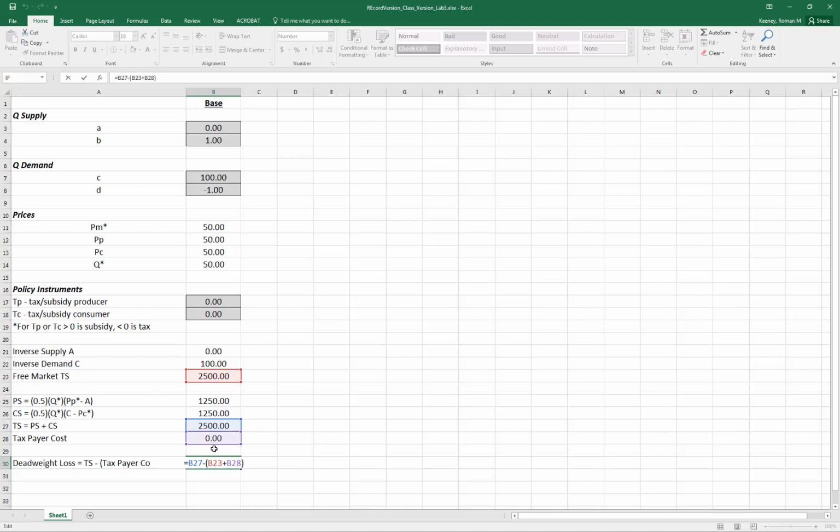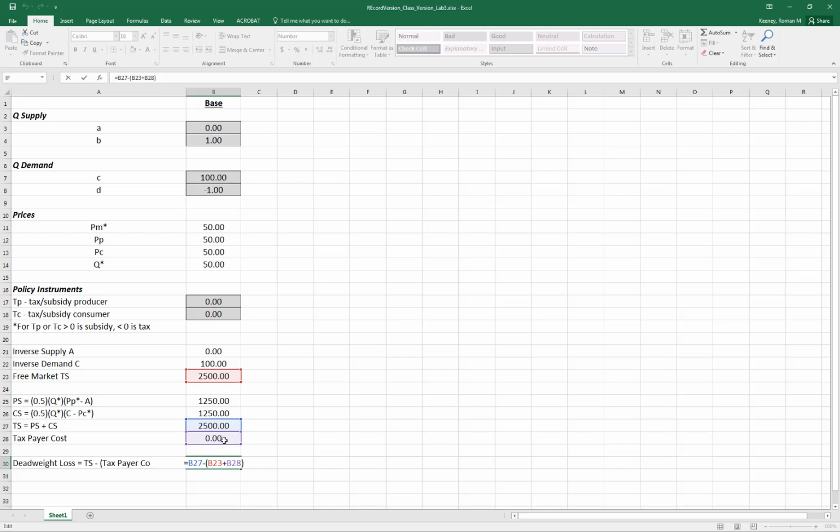I'm taking the actual surplus as measured. B27 is the first term here. And so we're taking that to be the actual surplus as measured, and then I'm going to take as the benchmark, subtracted from that in parentheses here, is B23, the free market outcome on surplus, plus whatever the taxpayer cost is.